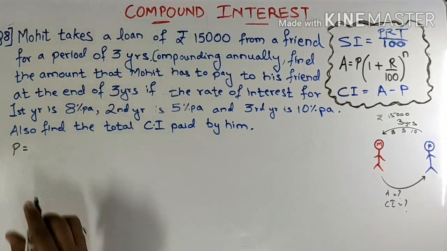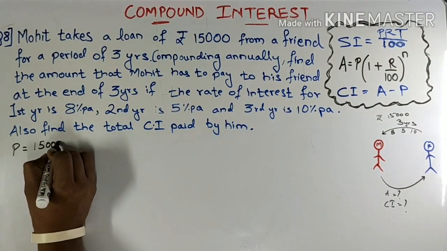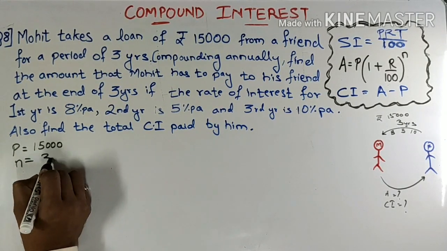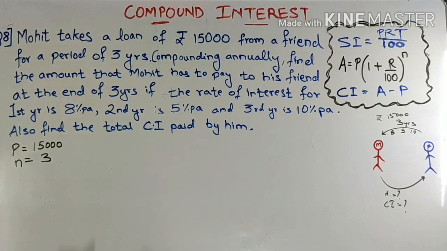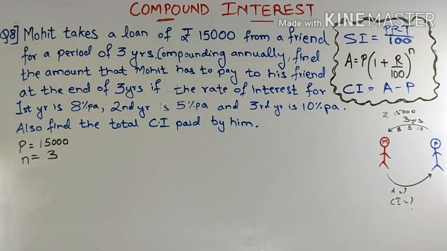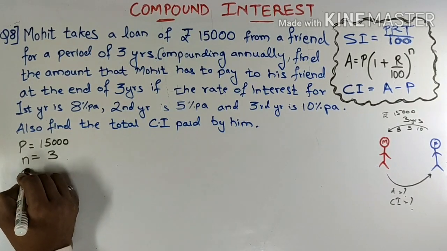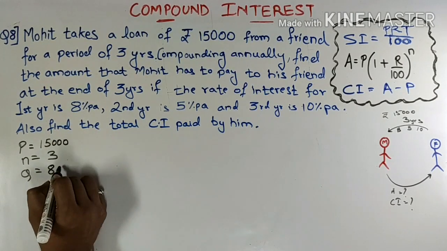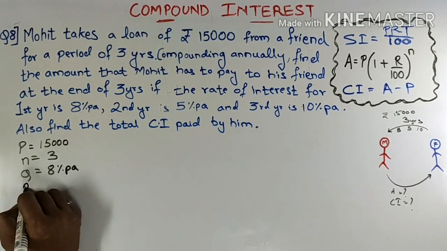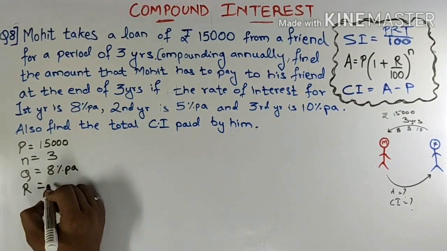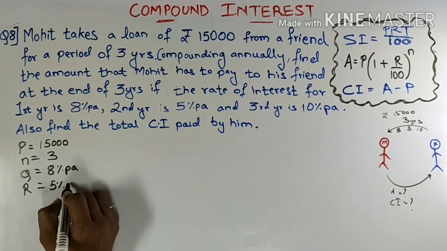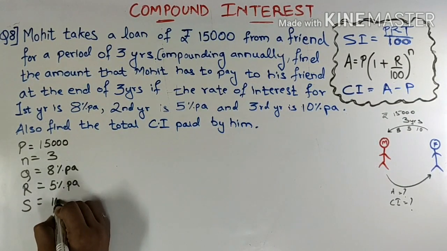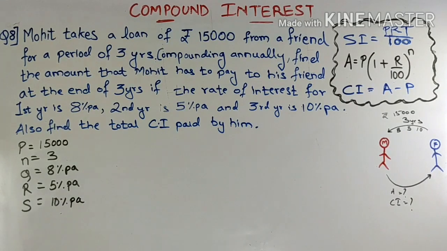P, that is principal, is equal to 15,000 rupees. Number of years is 3, and for the different rates of interest, I'll use Q as the rate of interest for the first year, that is 8% per annum, R as the rate of interest for the second year, that is 5% per annum, and S as the rate of interest for the third year, that is 10% per annum.